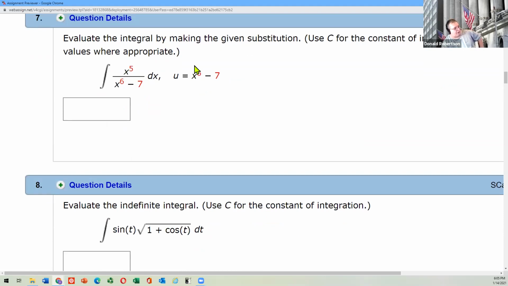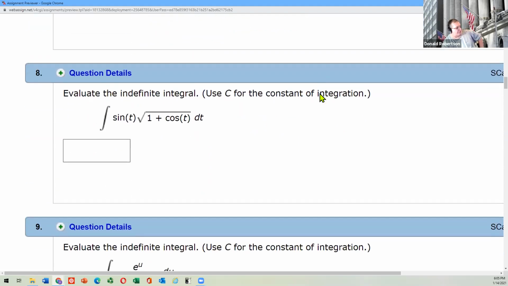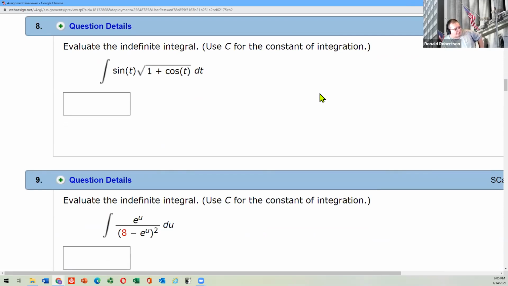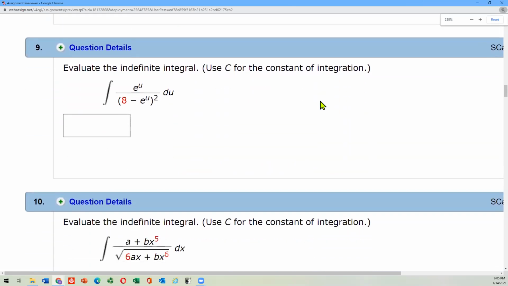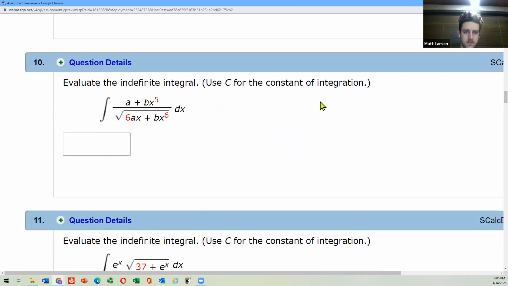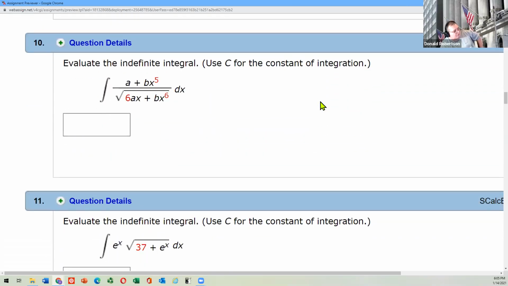Okay, what is the u sub in question 8? 1 plus cosine. You nailed it. What's the u sub in question 9? 8 minus e to the u. You nailed it. What about 10?